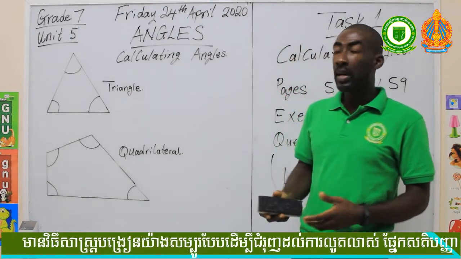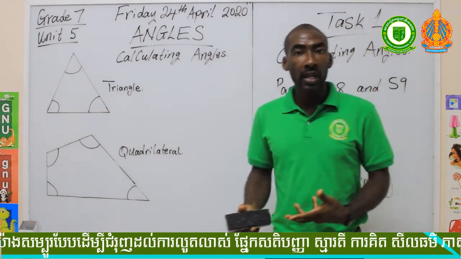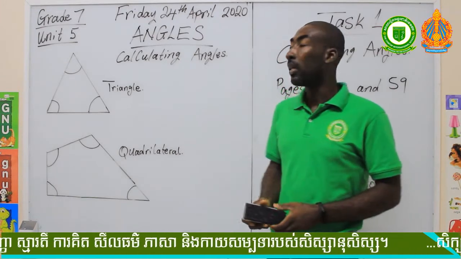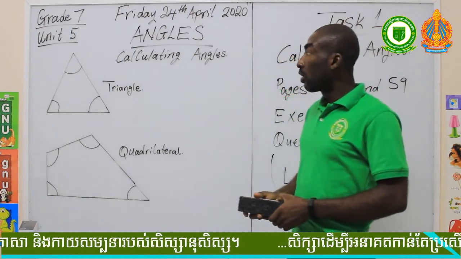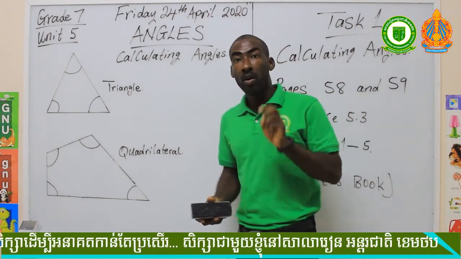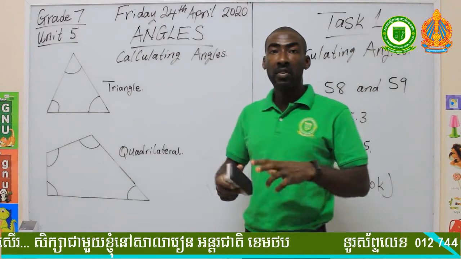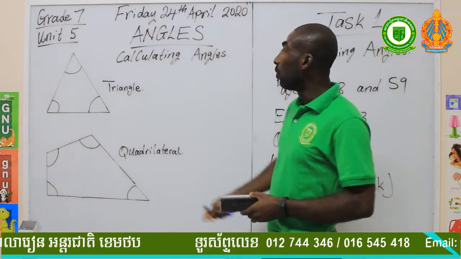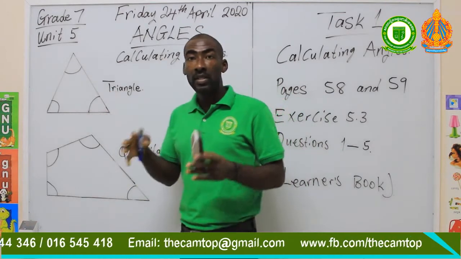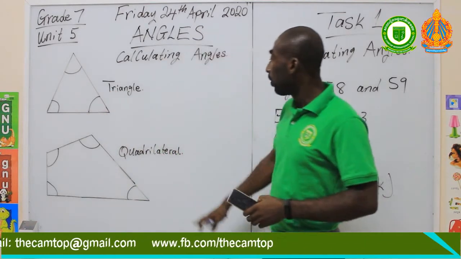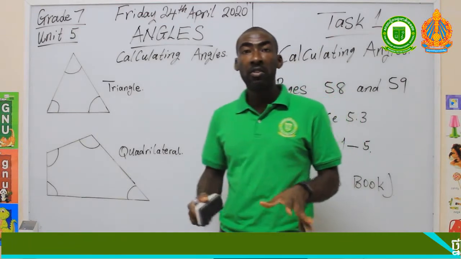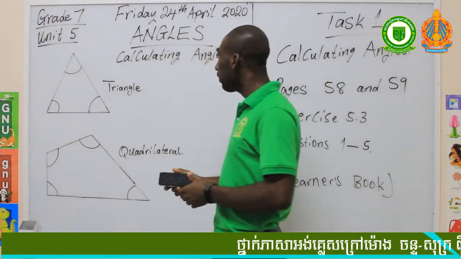A right angle, an angle on a straight line, or a complete circle angle? Today we'll look at two different drawings or objects with different kinds of angles: the triangle, which has 3 angles inside, and the quadrilateral, which has 4 angles inside.